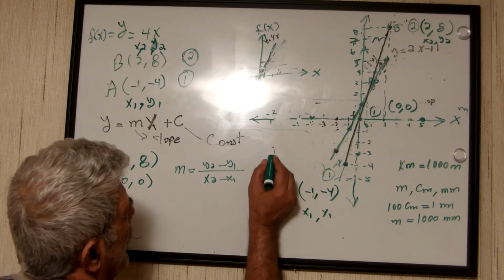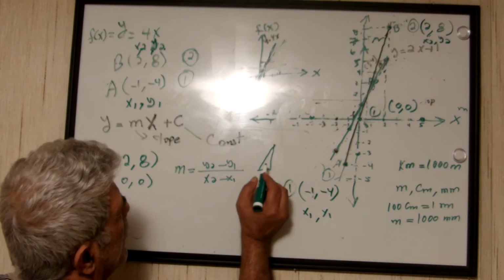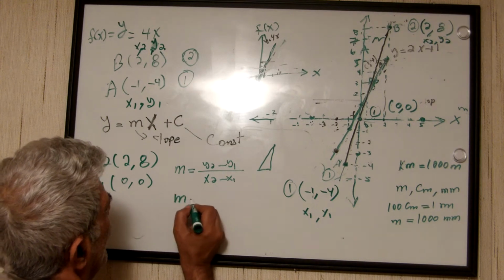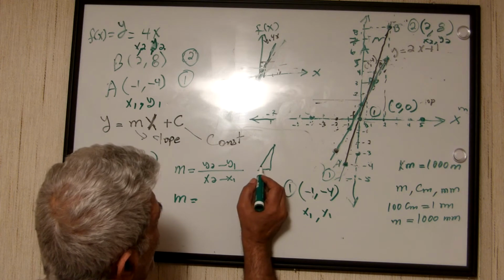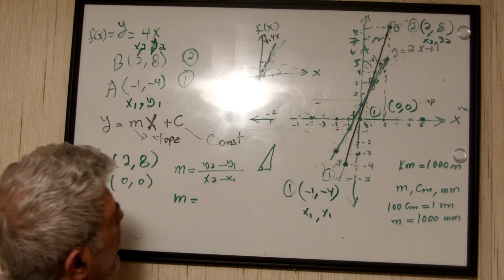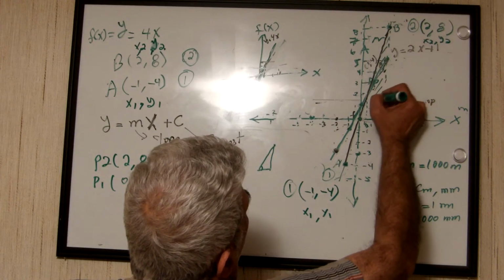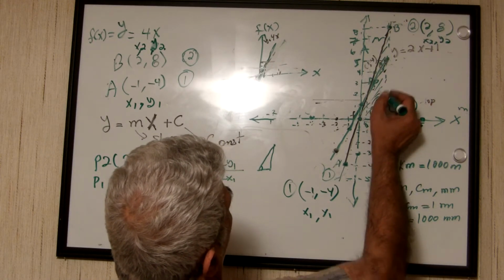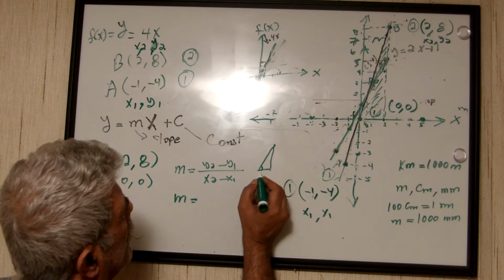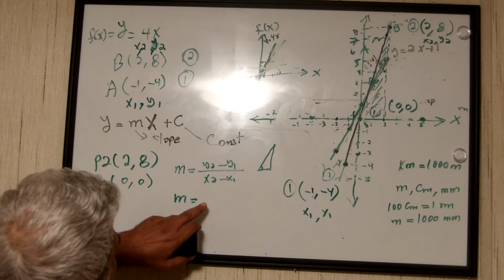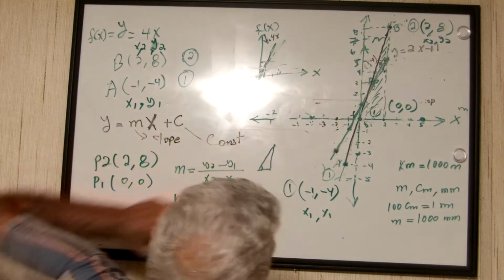This is actually a triangle, and you have an angle here. You're talking about this triangle. So let's find the slope between these 2 points, this one and that.